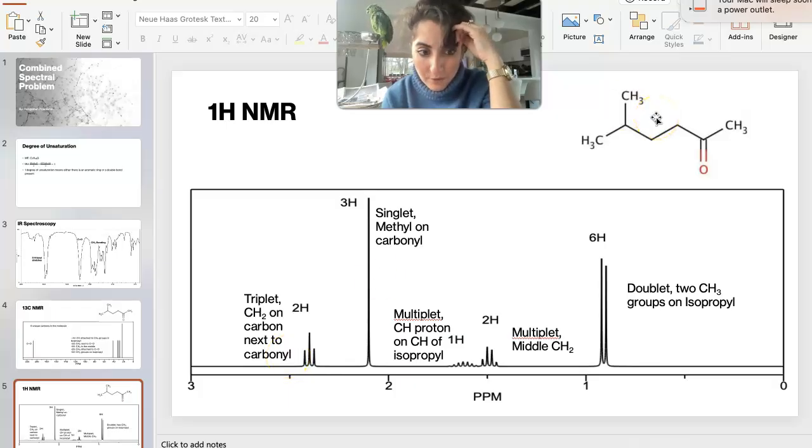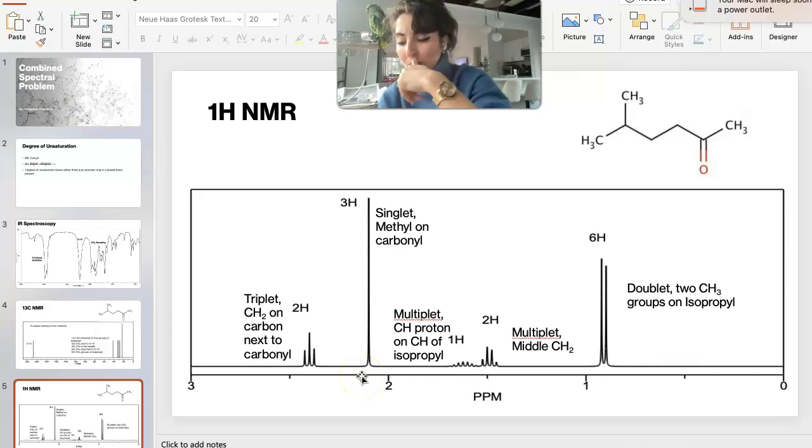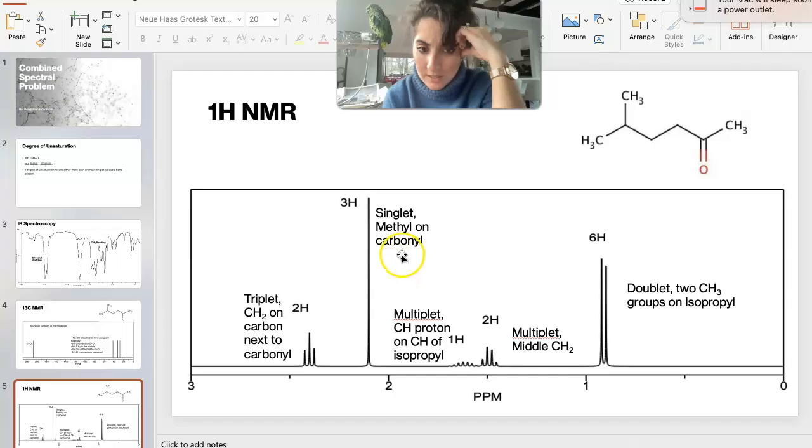I believe those are for the hydrogens right here, right next to the carbonyl group. The next one is around 2.1. It's a singlet and it represents 3 hydrogens. I believe that that's for the CH3 right here.